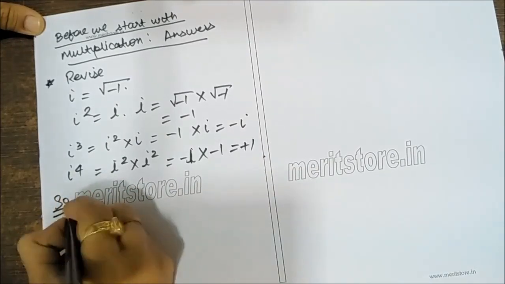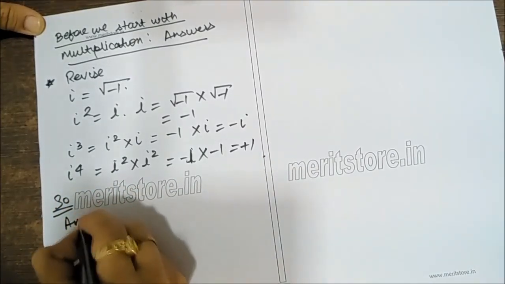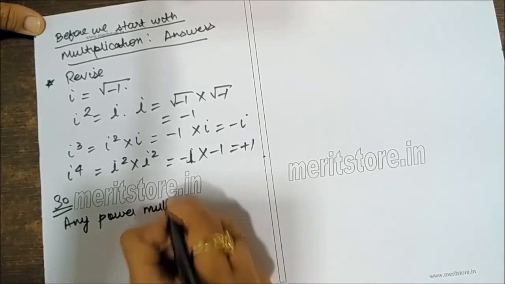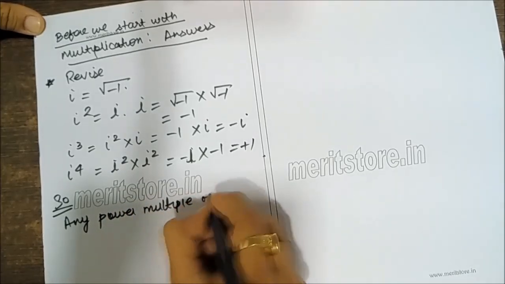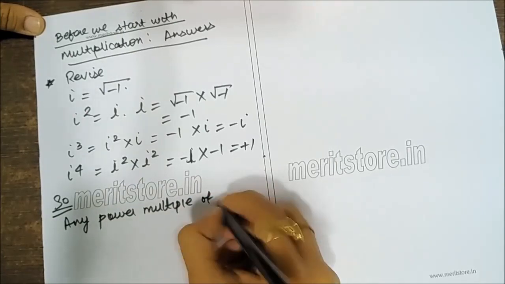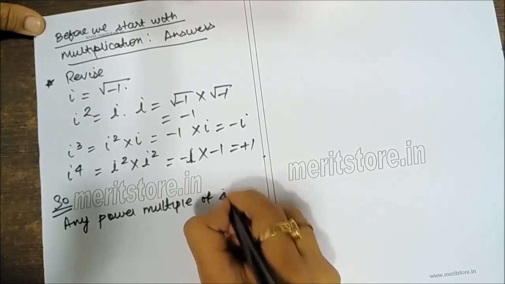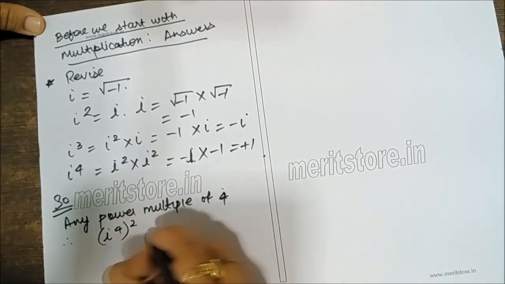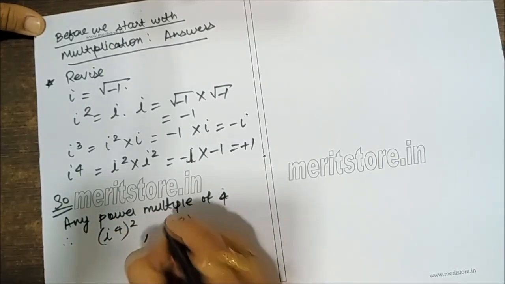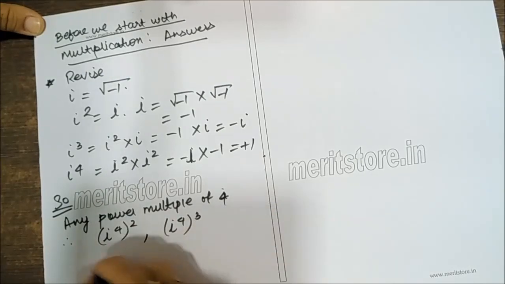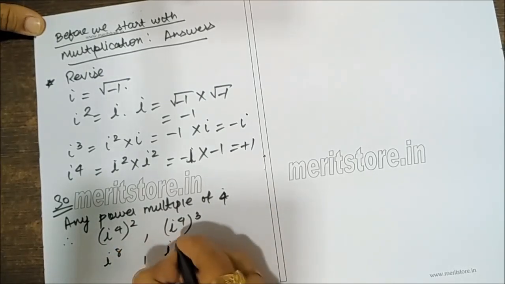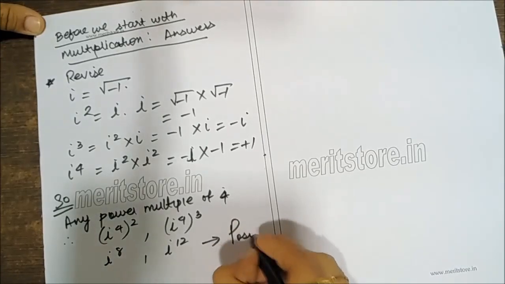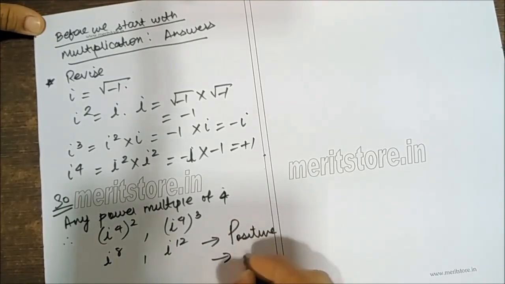So any power that is a multiple of 4, that is i raised to 4 raised to 2, or let's say i raised to 4 raised to 3, so this is i raised to 8, i raised to 12, your answer will always be positive 1.